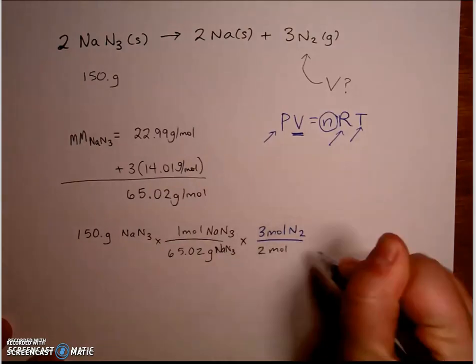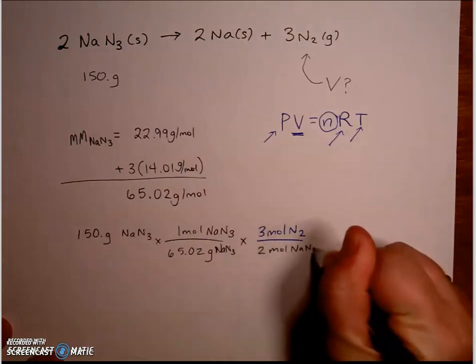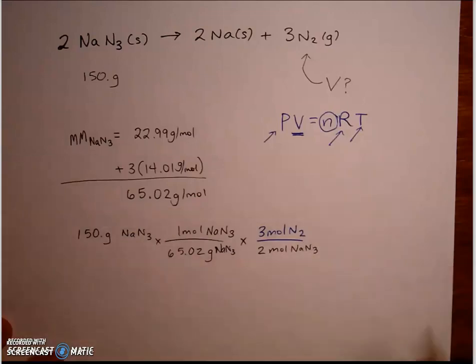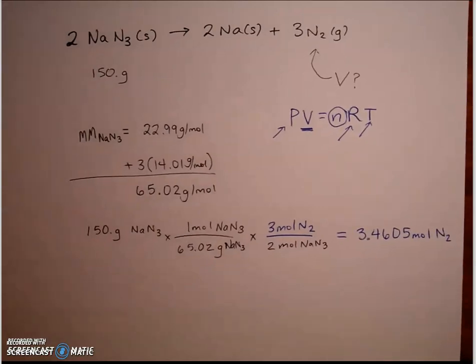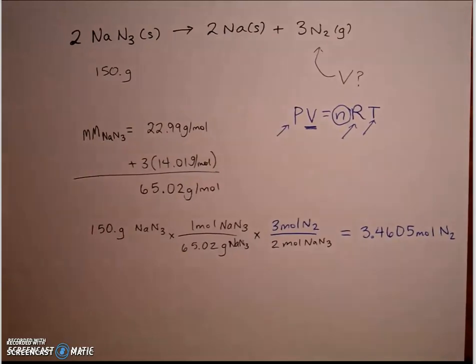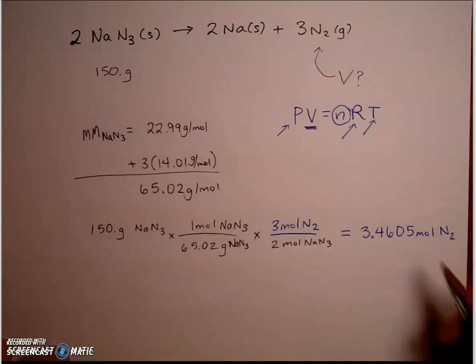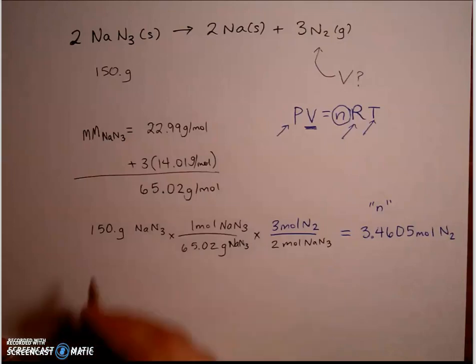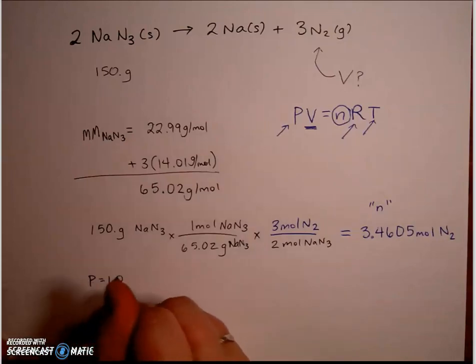It comes from the coefficients in the reaction, and that will give me moles of nitrogen. 3.46 moles of nitrogen. So now I can plug that in for n in my ideal gas law.